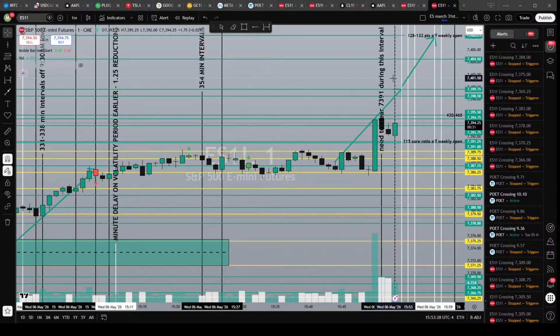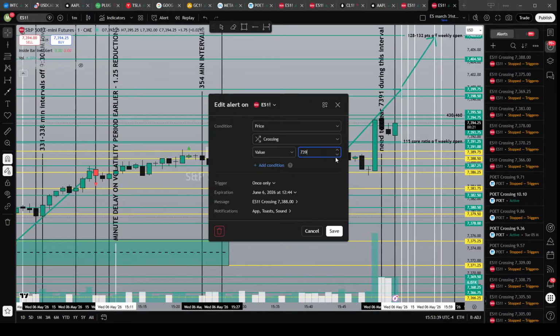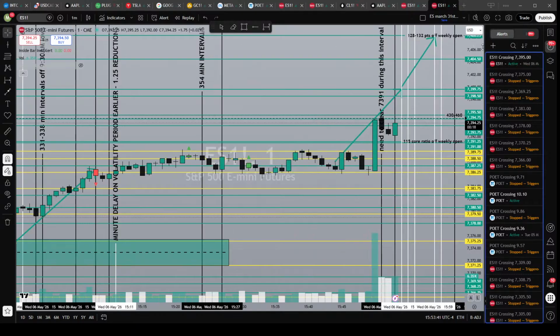I don't have all of these marked, but this is one of the calculated times, the 3:53. So we'll see if they can try taking out this. I need to set alerts.